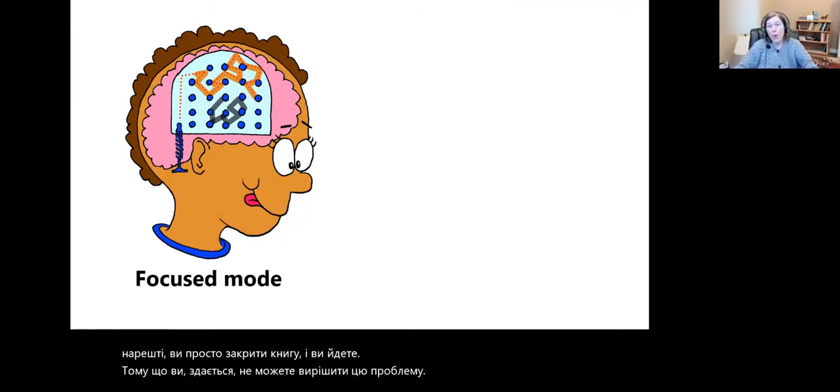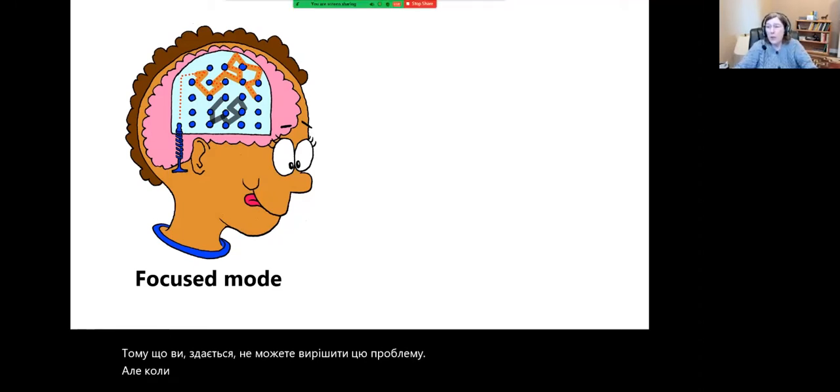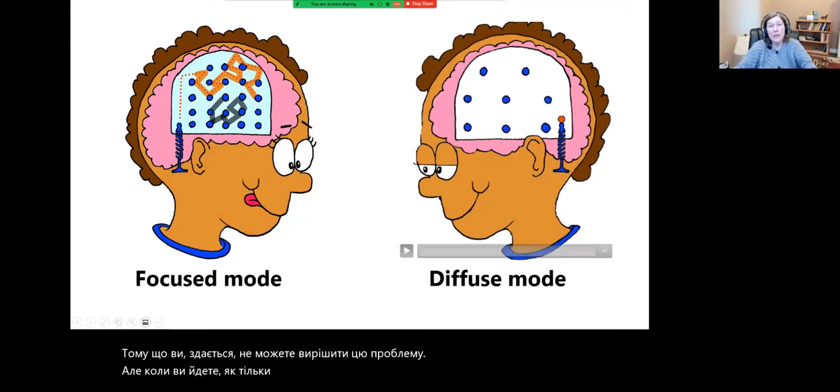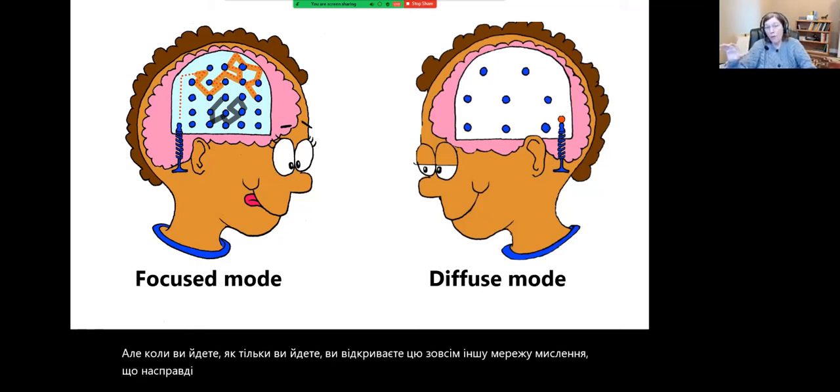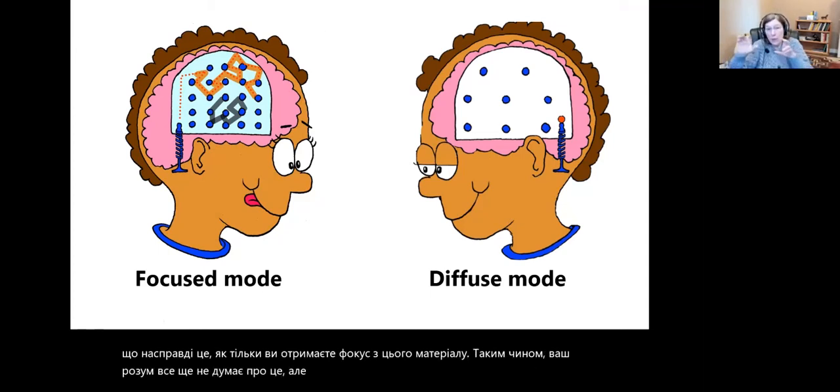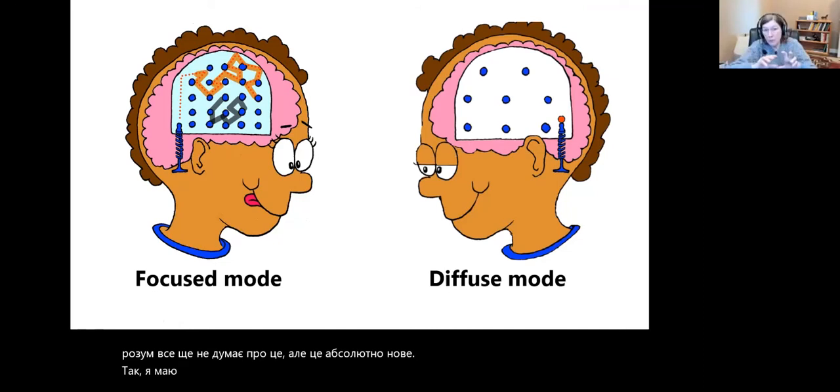But as soon as you walk away, you open this very different network of thinking. Actually, this is as soon as you get your focus off of that material. Your mind is completely off of what you had been focusing on that made you frustrated.